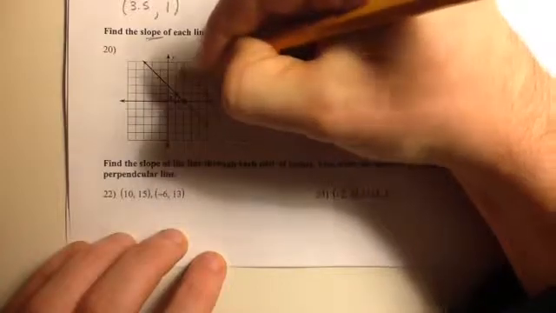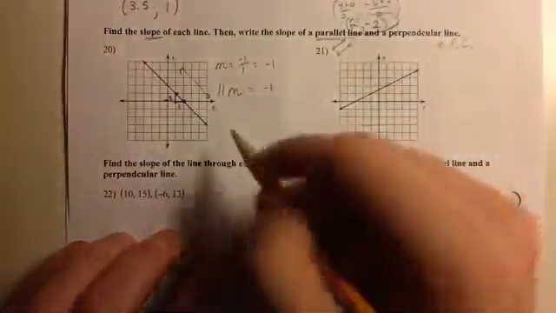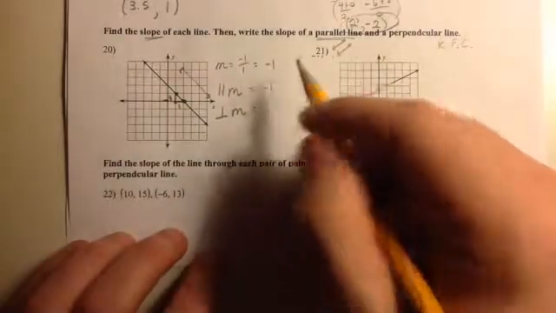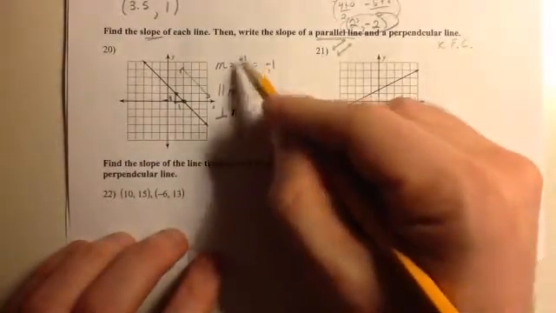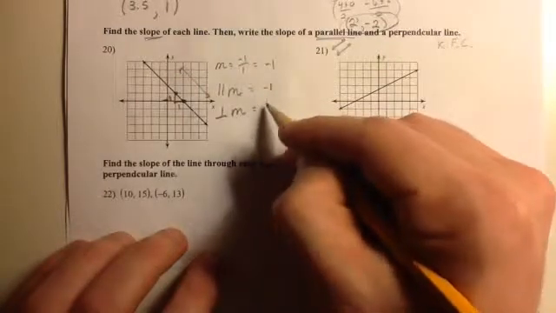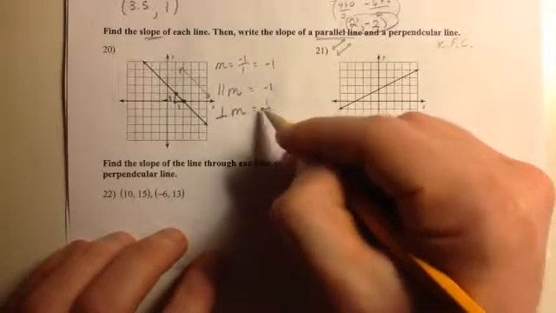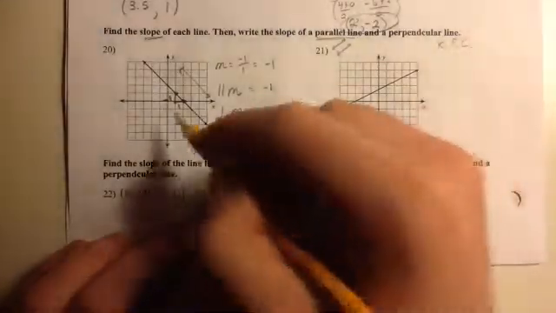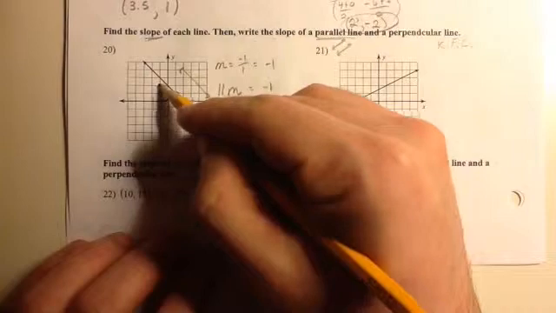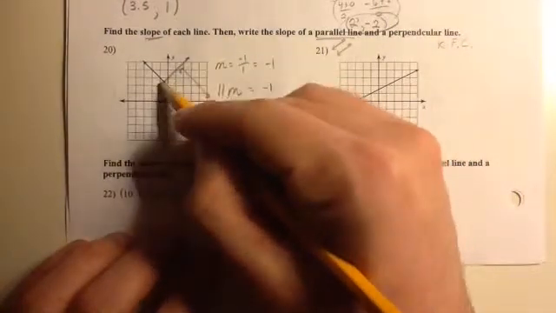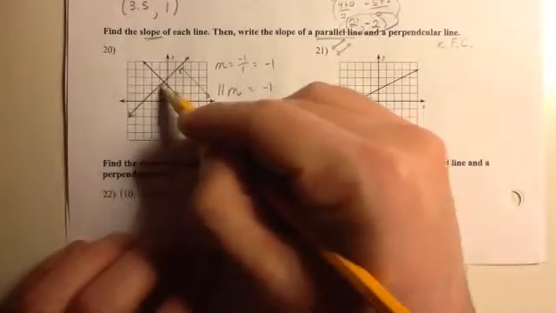And a perpendicular slope to m would be keep, flip, change. So if I took this fraction, I flipped it over and changed the sign. So that'll be 1 over 1 and making it positive. So just a slope of 1, I guess. And a perpendicular line might look like this, slope of 1. So up 1 over 1, up 1 over 1, just something like this. And you can see that it is in fact perpendicular. Right?